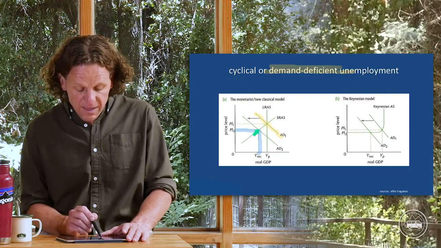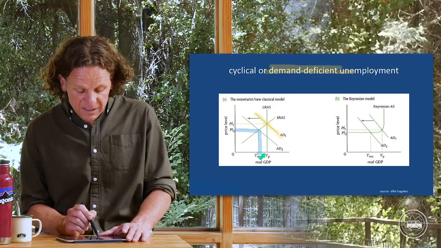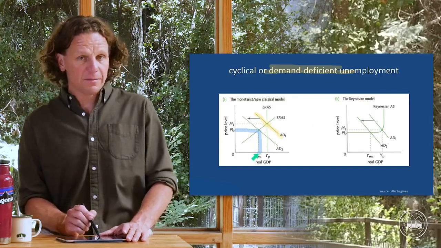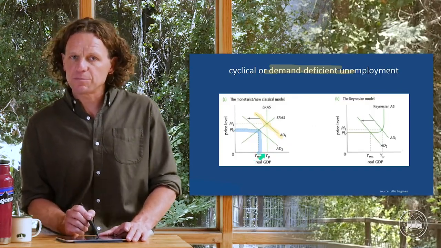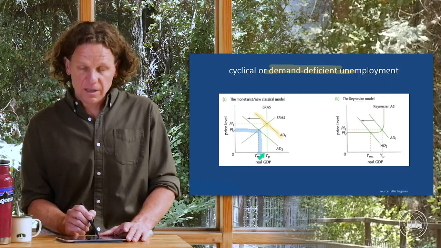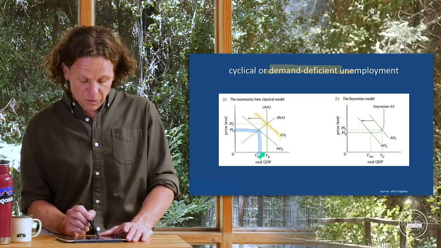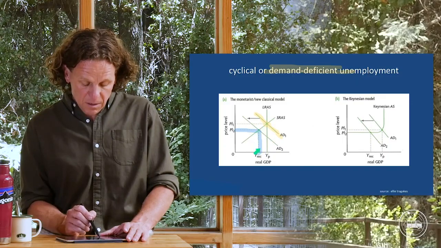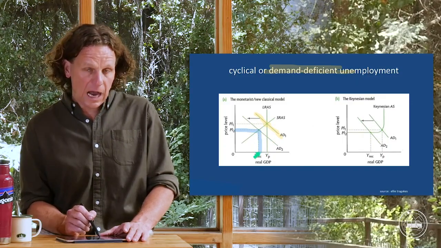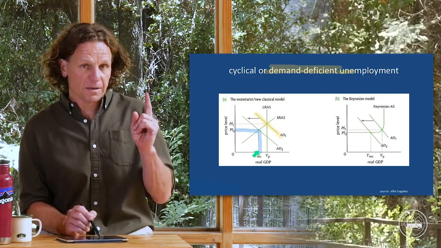Where this demand drops, you have less output, fewer things being made, and whenever there are fewer things being made, guess what? There is an increase in unemployment. So this would be an example of a recession. You would see a drop in output, which means an increase in unemployment.